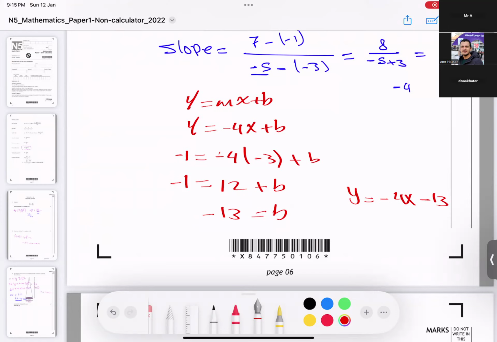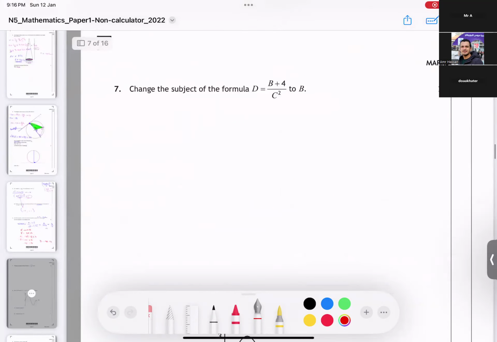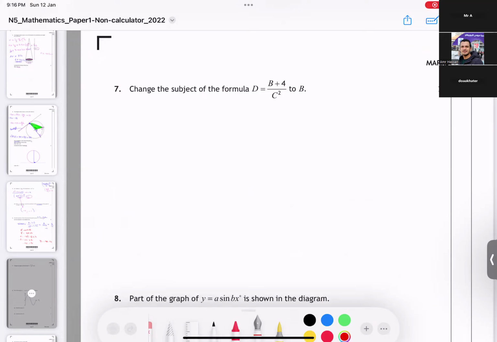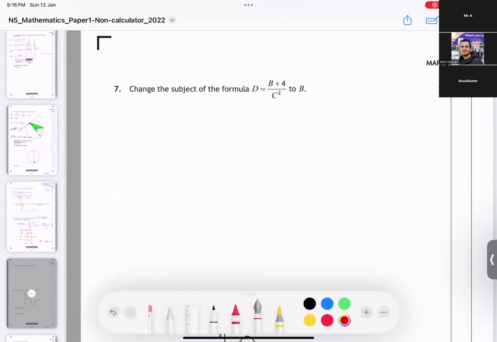So did you get it? Okay. Let me go on to change the subject of the formula to b. So it seems like I'm trying to isolate b, right?